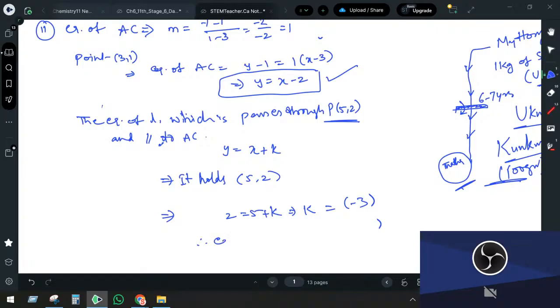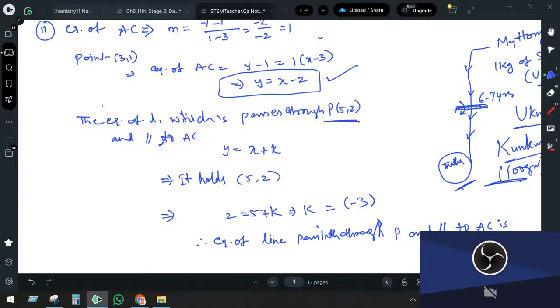Therefore, the equation of the line passing through P and parallel to AC is y = x + k, meaning y = x - 3.